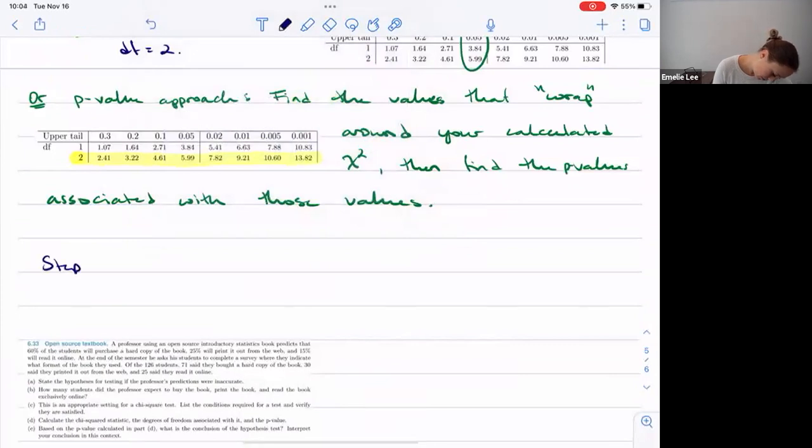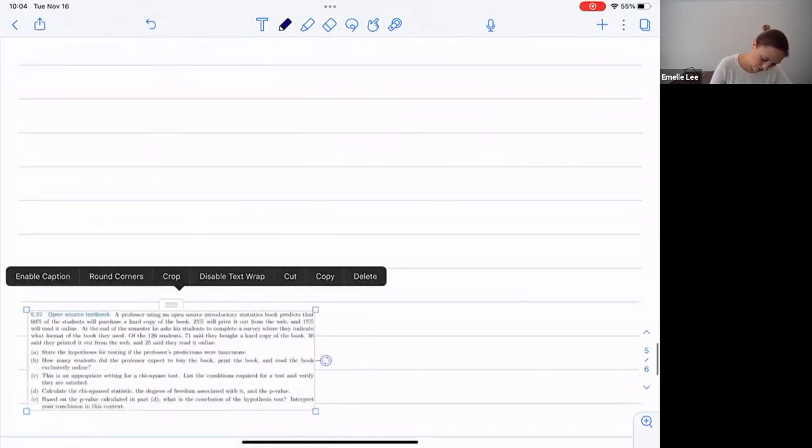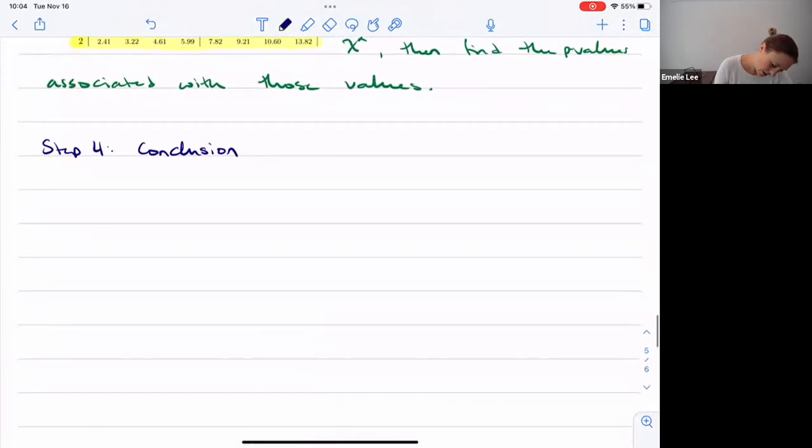So step 4 is the conclusion. I feel like I bumped it down so far, but whatever.